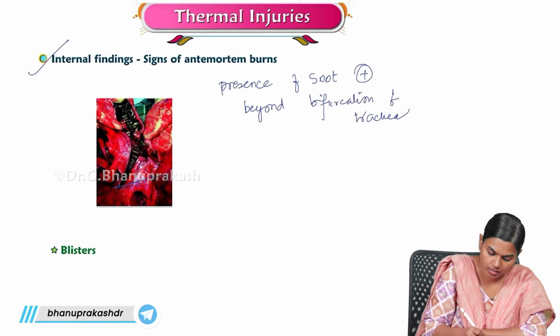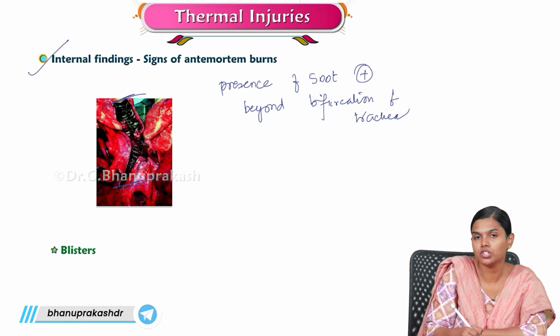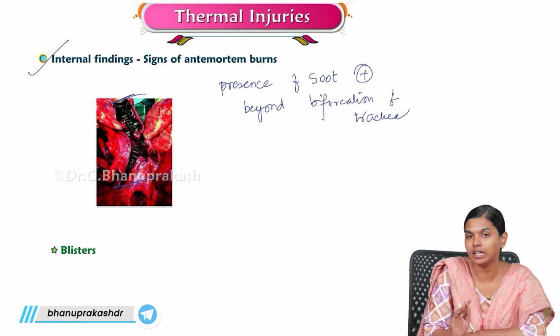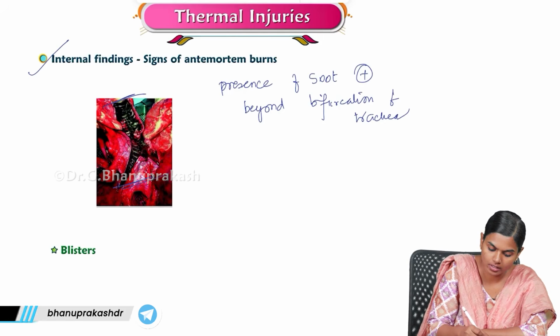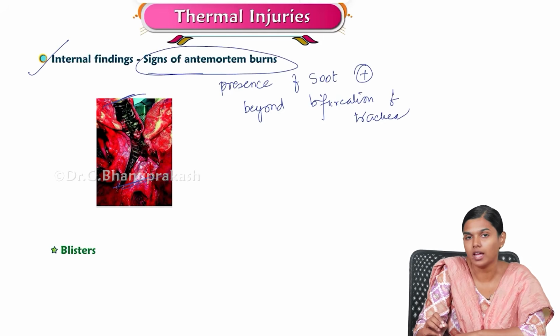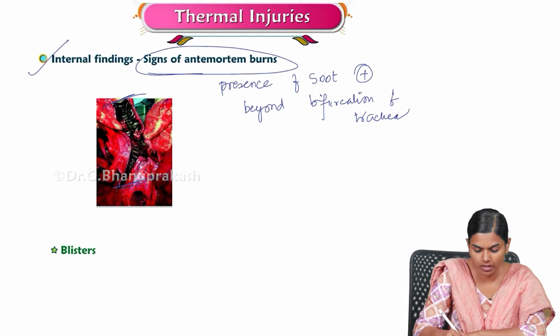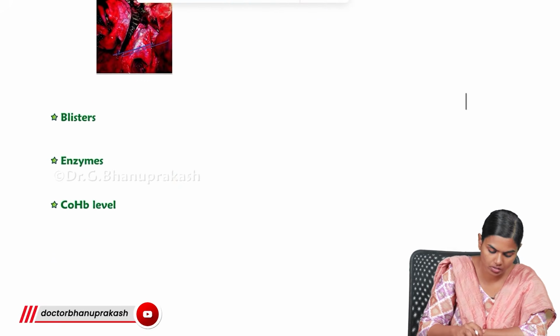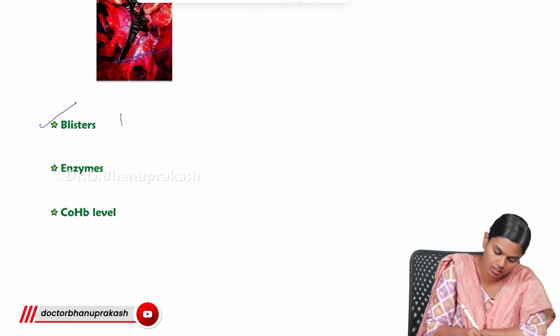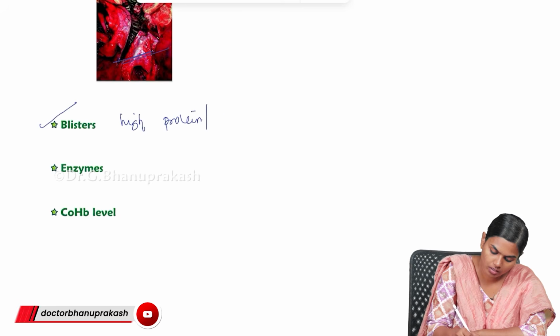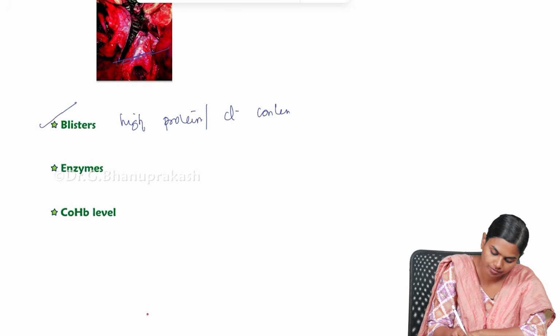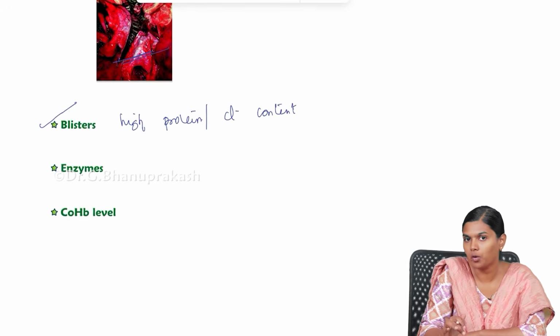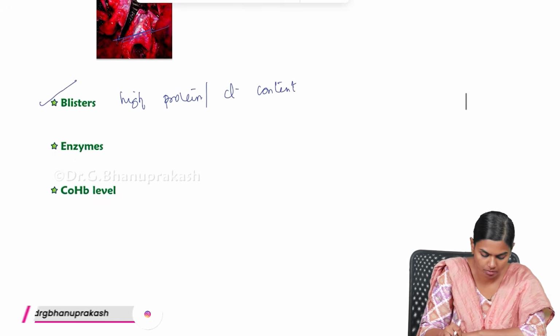So, this black colored soot deposition beyond the bifurcation of trachea is an important antemortem burns sign, right. So, this is a very, very important sign. Apart from that, you will also see the presence of blisters with high protein and chloride content. This is also one important antemortem sign of burns.